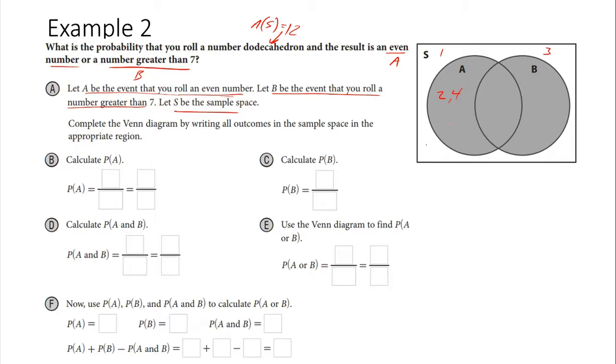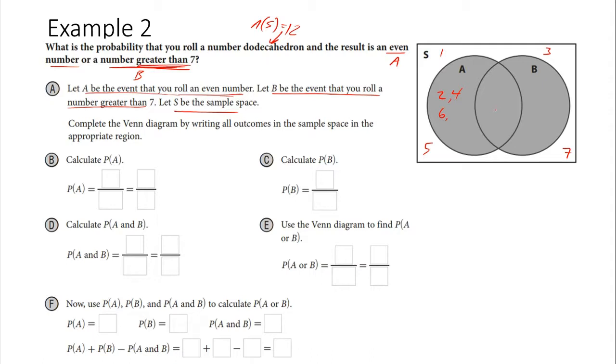We roll a 5. That doesn't belong to either A or B. We roll a 6. Hey, look at that. Belongs to even. We roll a 7. And again, greater than, not greater than or equal. So 7 is not greater than itself. It has to be greater than 7. Okay, so that doesn't include in B.